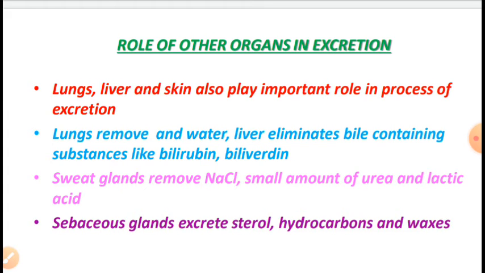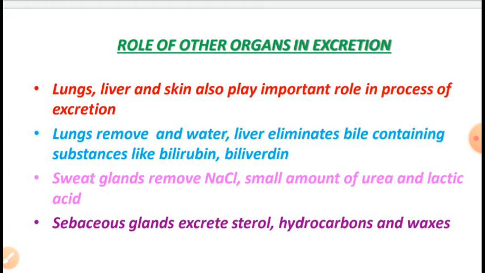The primary function of sweat is to facilitate a cooling effect on the body surface, as well as to help in the removal of some waste from the body. Sebaceous glands eliminate certain substances like sterols, hydrocarbons and waxes through sebum. This secretion provides a protective oily covering for the skin.